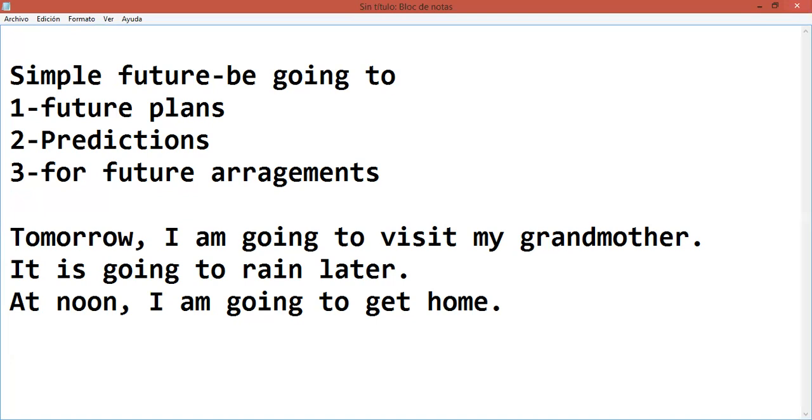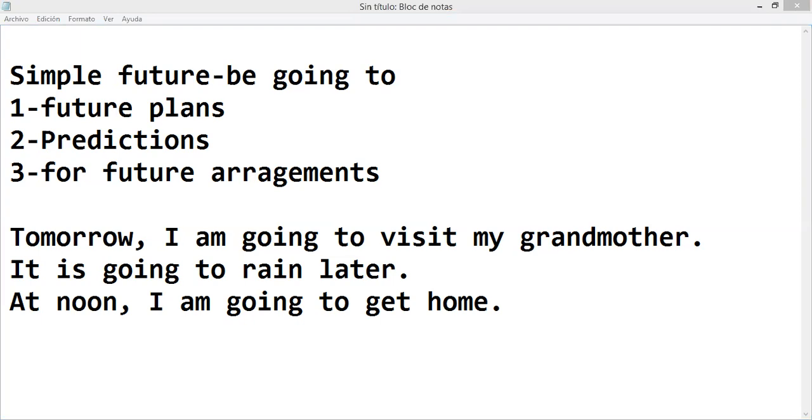And for questions it is different, right? For questions, first the verb to be, then subject pronouns, then going to, and then we use the complement. Okay, so I'm going to show you a picture for you to have it here.